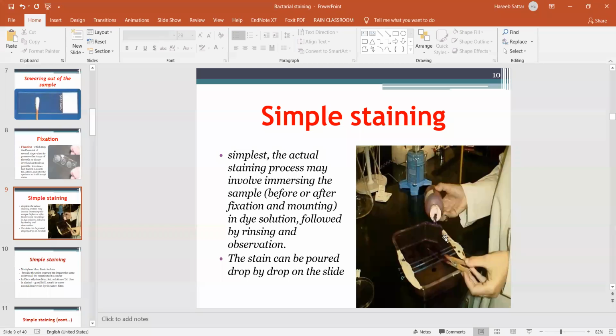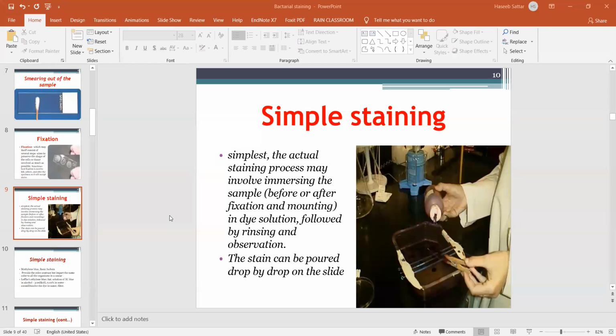We can pour this coloring agent directly on the slide. I told you that when we pour the dye on the slide, if the bacterial cells are not fixed, there is a chance of the bacterial cells washing out. That is why we need to fix the bacteria to the slide.